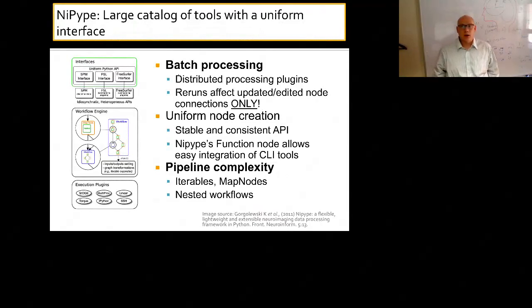In order to process our large catalog of data with our large catalog of available tools, we needed to work in a uniform interface. For that, we adopted this Python-based batch processing system called NiPype. NiPype allows us to use many of the common medical imaging packages like SPM, FSL, and FreeSurfer, which have idiosyncratic and heterogeneous APIs, through the NiPype interface, which provides a very homogeneous API to these tools.